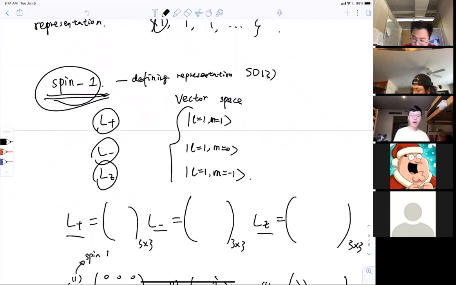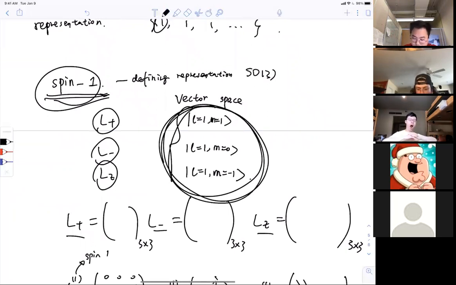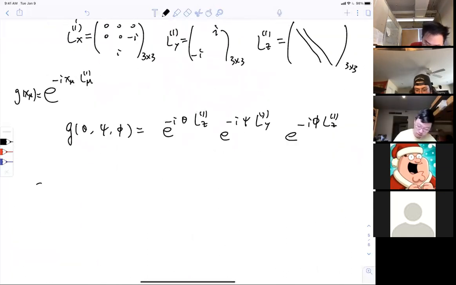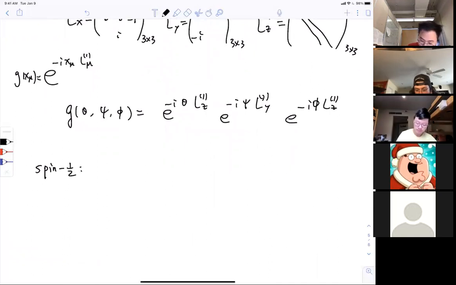The objects living in this spin 1 vector space are called spin 1, or a vector, just a vector. Another thing is the spin 1/2 representation. In this case, your dimension is 2.